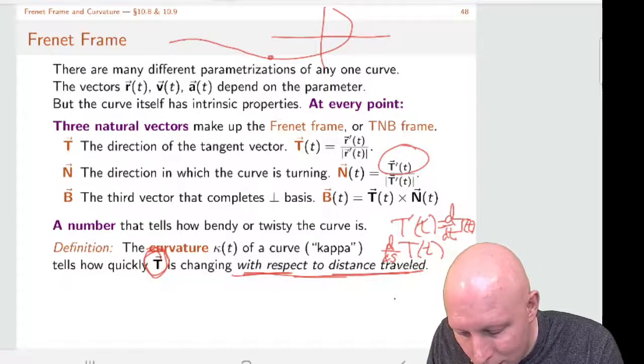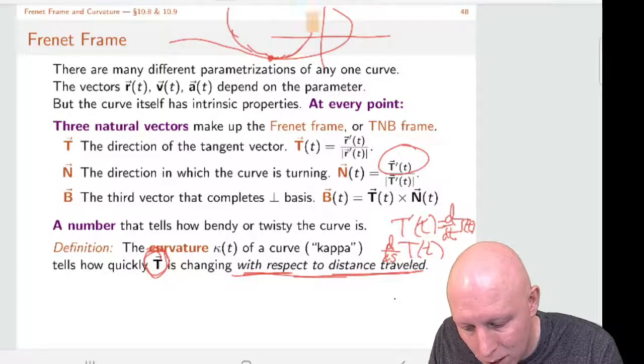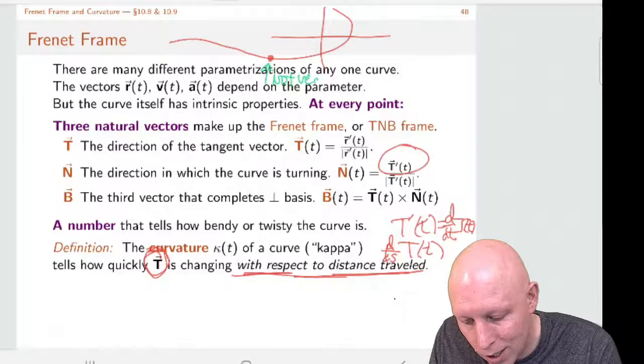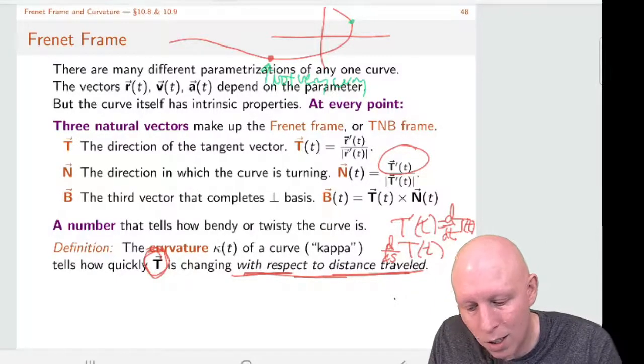So here we would say, at this point, this curve is not very curvy. And at this point, the curve is very curvy.